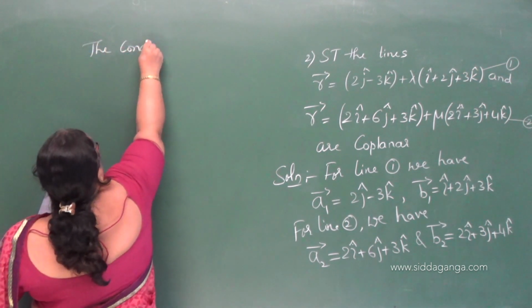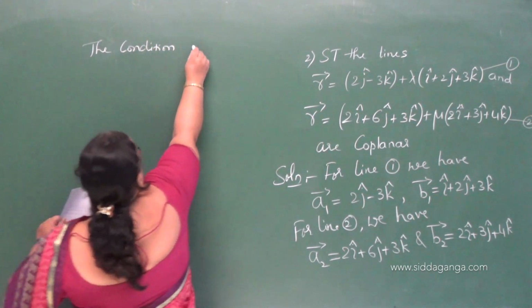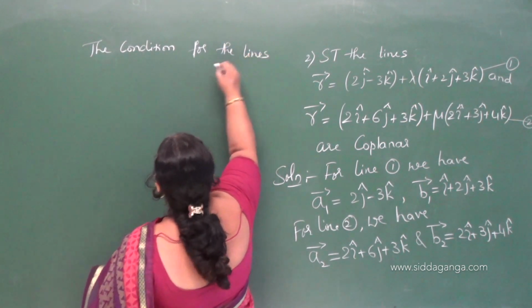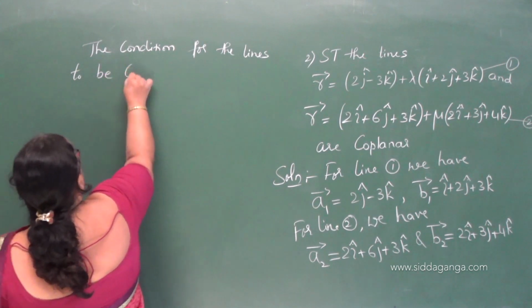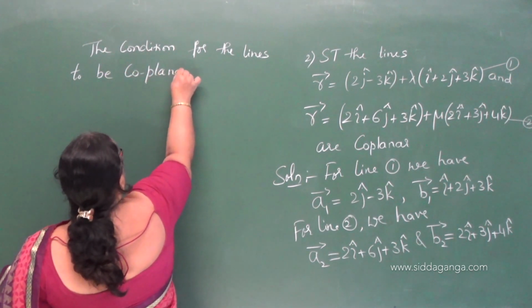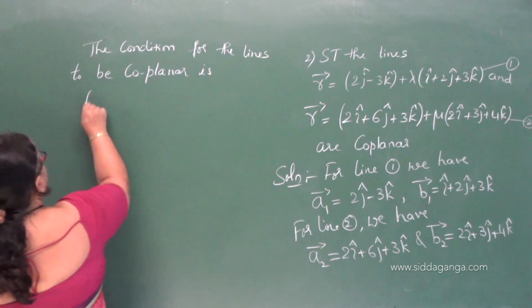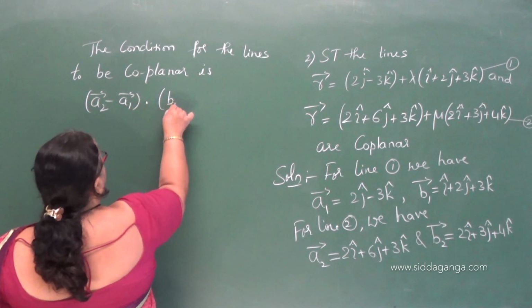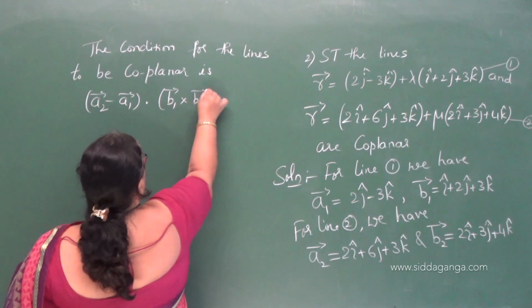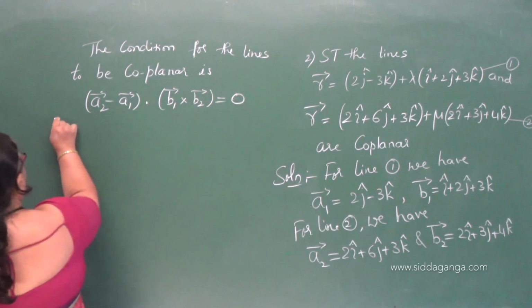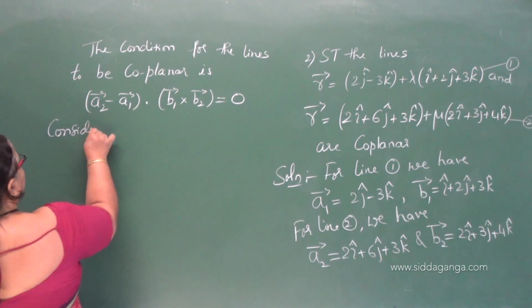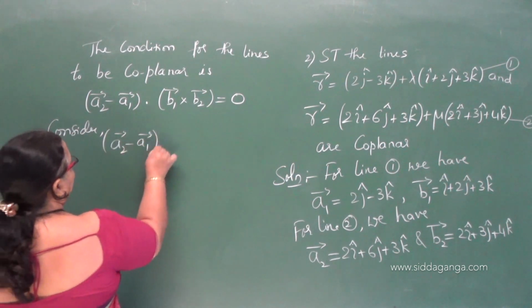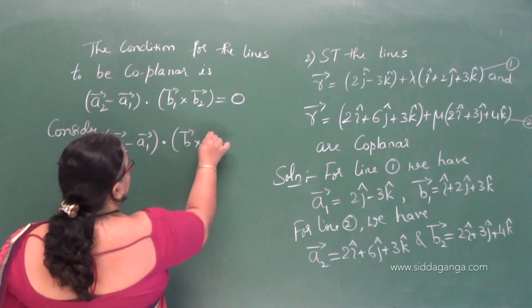Now the condition for the lines to be coplanar is vector A2 minus A1 dot B1 cross B2 equal to 0. Now consider A2 minus A1 dot B1 cross B2.